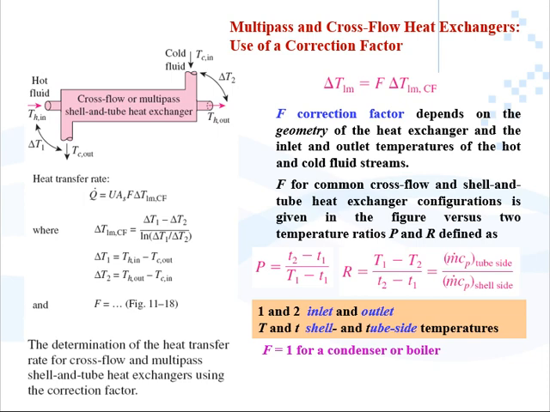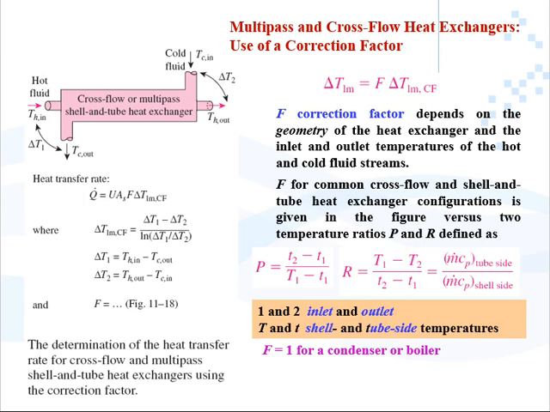So what we are going to do is somehow relate the log mean temperature difference of a multi-pass heat exchanger, shell and tube or whatever, to one pass. In order to do that, we need a correction factor, which depends on geometry. So what is CF here?